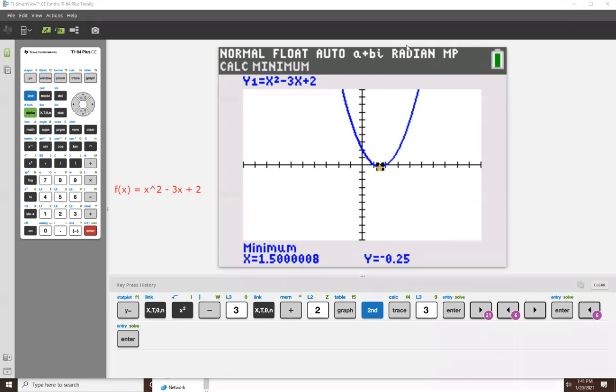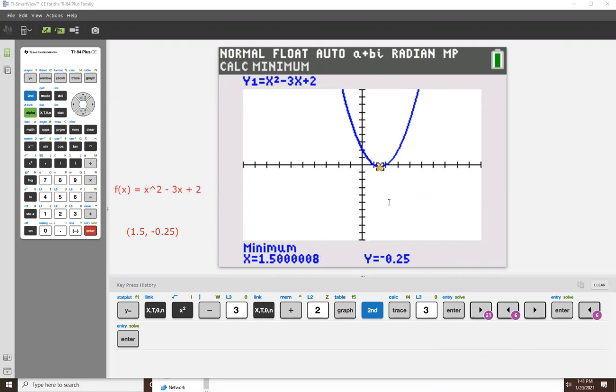Now, here's the deal on this one. The answer is going to be the lowest point that has 2 coordinates, of course, because it's a point. The answer is 1.5 comma negative 0.25. That's the answer. Notice I did not include the 0.00008.